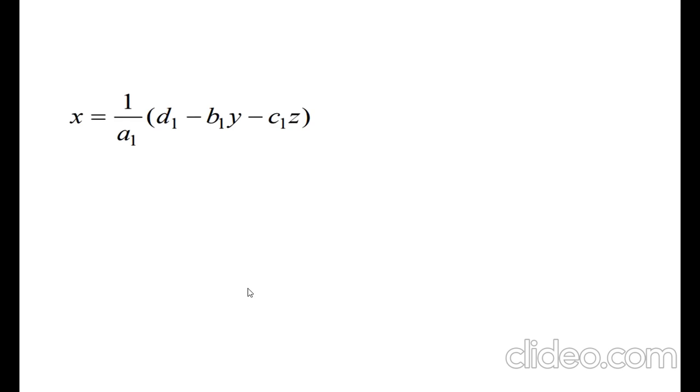Now x is equal to 1 upon a1 in bracket d1 minus b1y minus c1z. Here we have replaced the respective values of a1, d1, b1, c1. So you get x is equal to 1 upon 15 in bracket 85 minus 3y plus 2z. Here we have separated the value of x from the first equation.